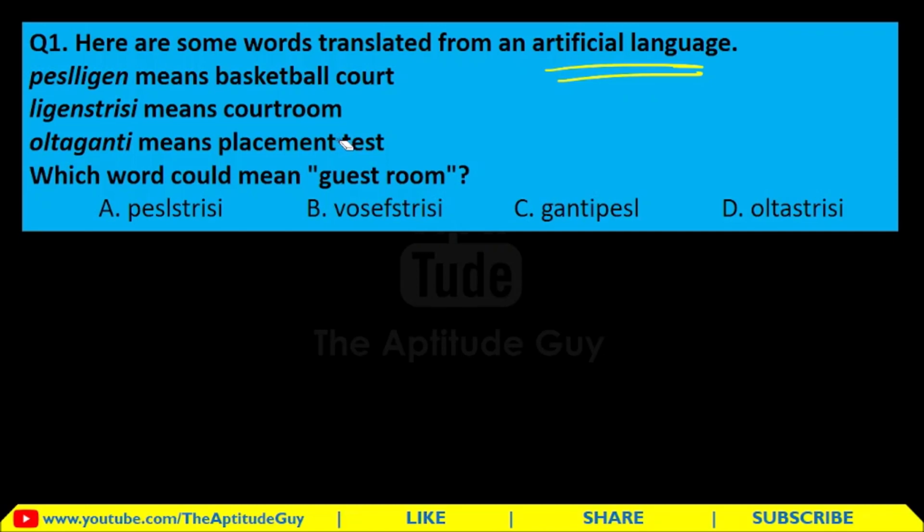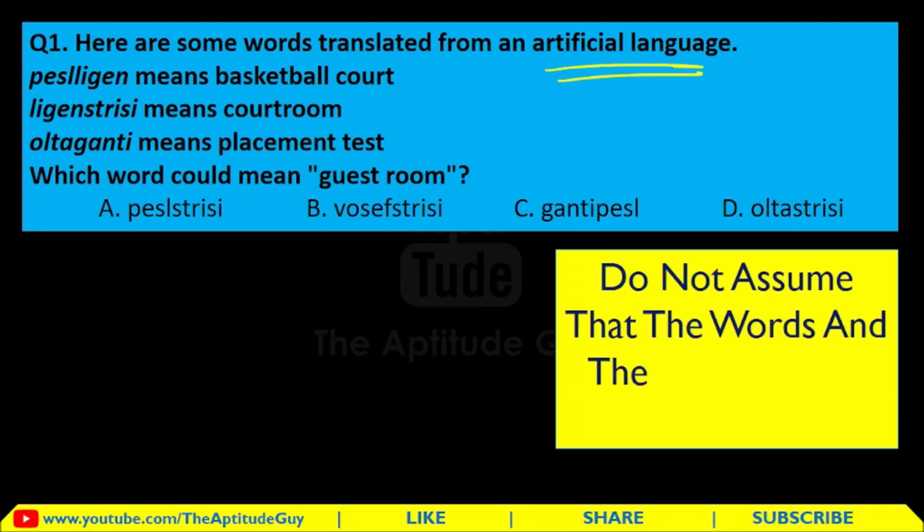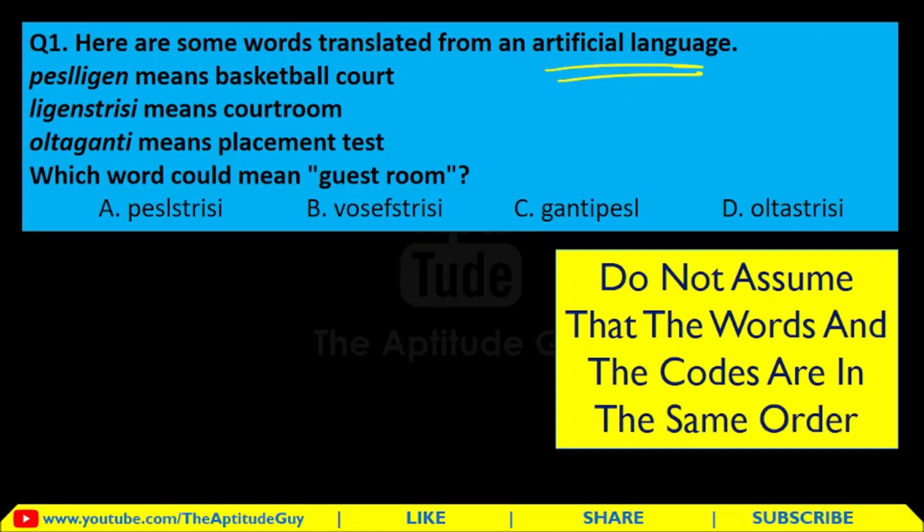Before you try to solve these types of questions, please understand one thing. I will tell you one sentence that you need to definitely remember for all these types of questions. That sentence is this: do not assume that the words and the codes are in the same order.